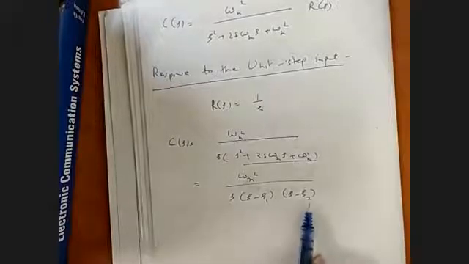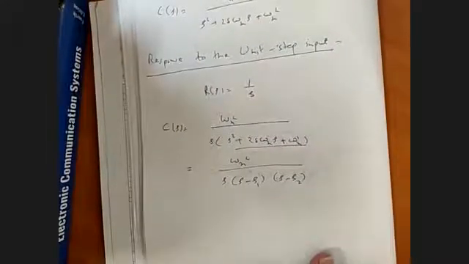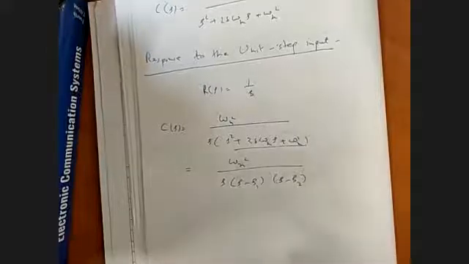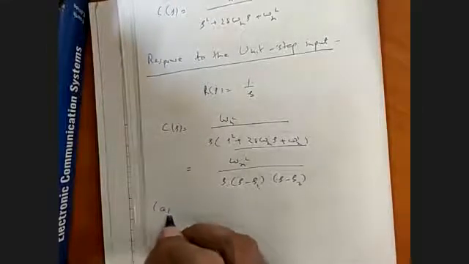Now s minus s1 and s minus s2 will depend on the value of delta. When solving this equation, we will consider the various values of delta and find the solution case by case.